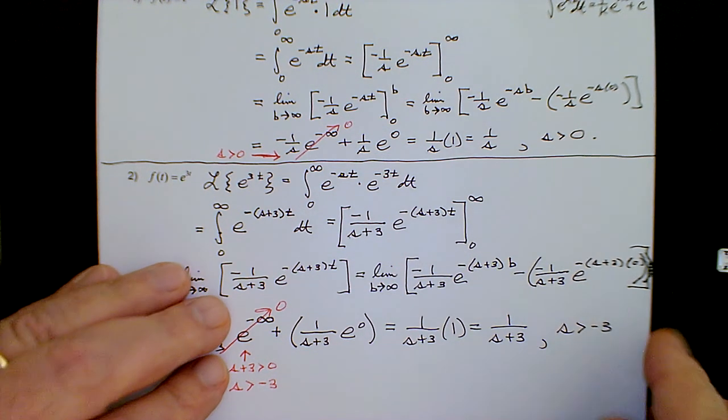Okay, so a couple more with the definition. Here we have f of t is t squared.